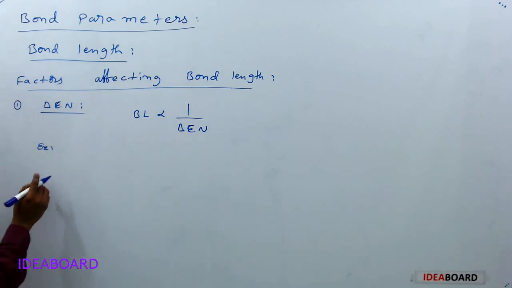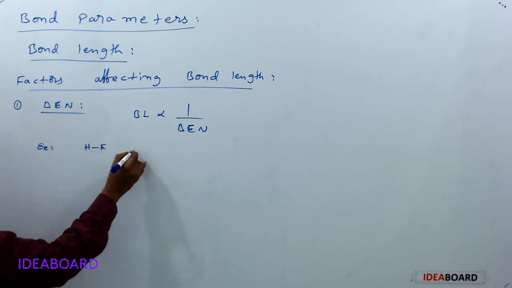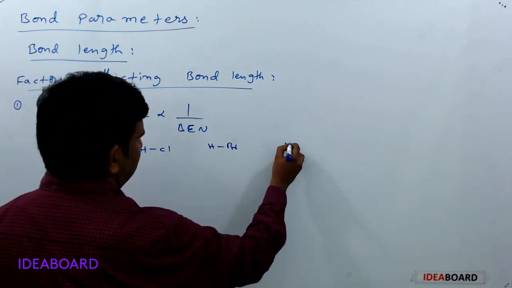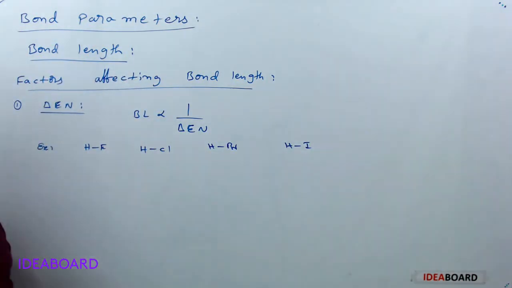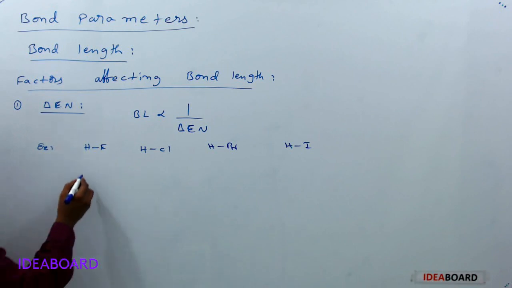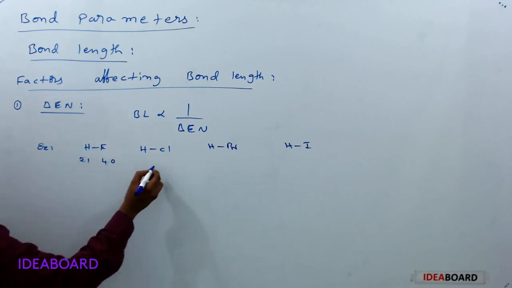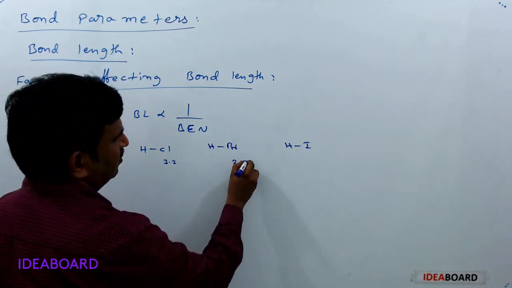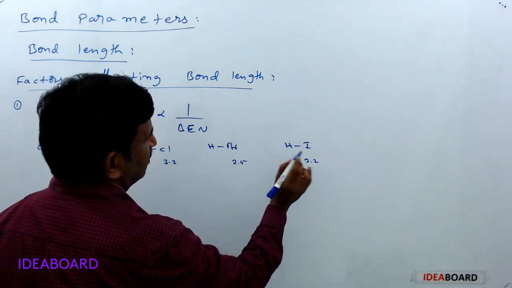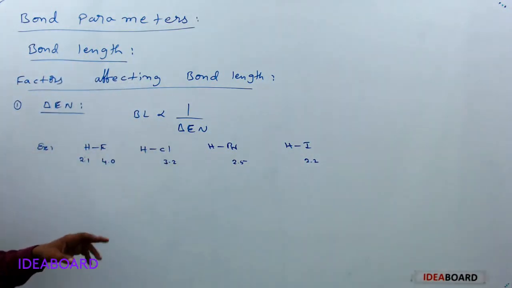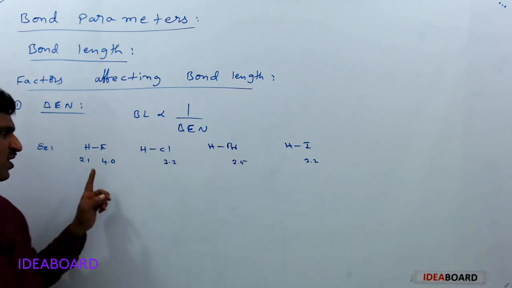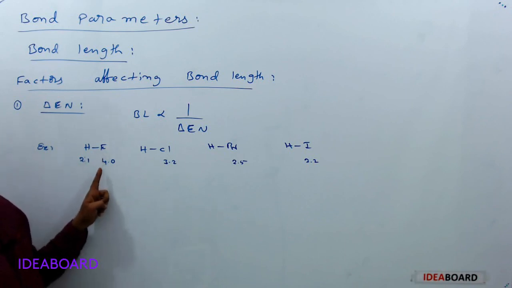How is it? We can explain with an example: HF, HCl, HBr and HI. If we take these four molecules, the electronegativity of hydrogen is 2.1, but fluorine is 4.0, chlorine is nearly 3.2, bromine is 2.5, and iodine is nearly 2.2. The hydrogen value is always 2.1 only, but fluorine's electronegativity is more.